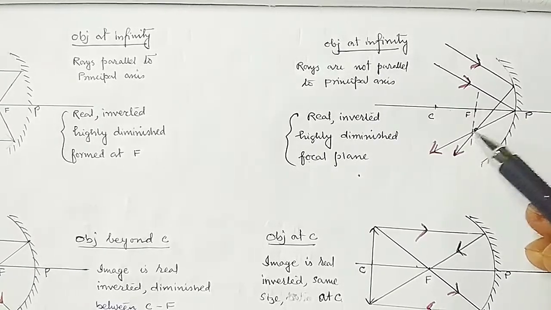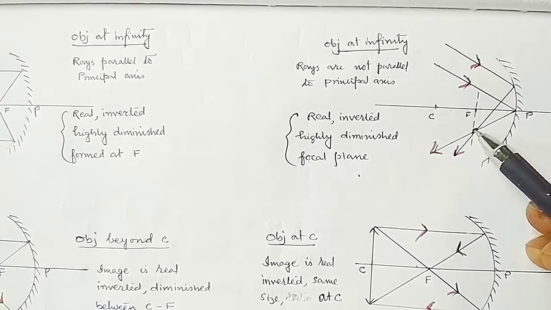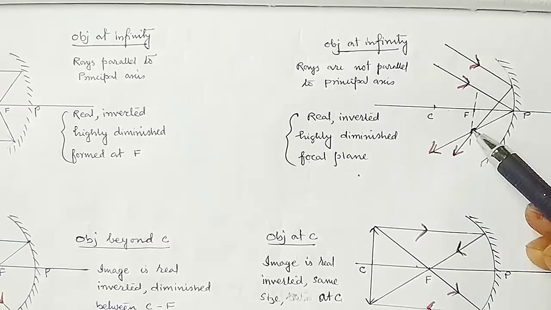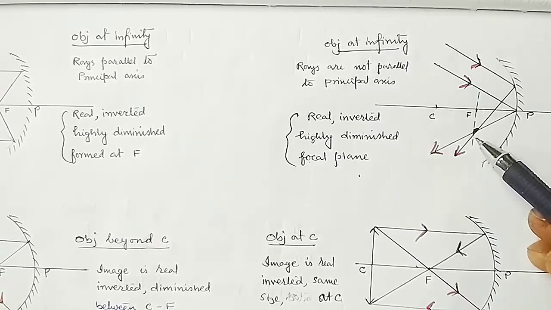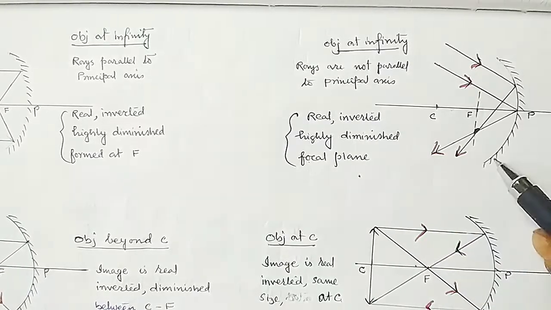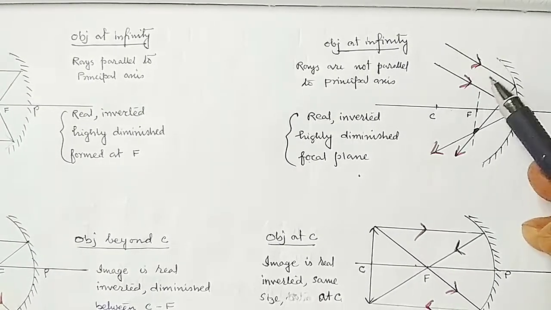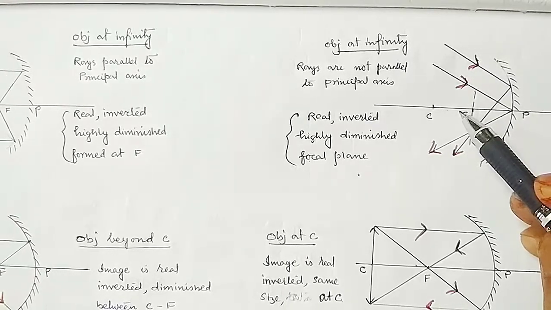That's why the image is real. Real images are always inverted, and as you can see, this small dot is the image. So it is highly diminished and the image will be in the focal plane. So these are the characteristics of the image formed by a concave mirror when the object is at infinity but the rays coming from it are parallel but not parallel to the principal axis.